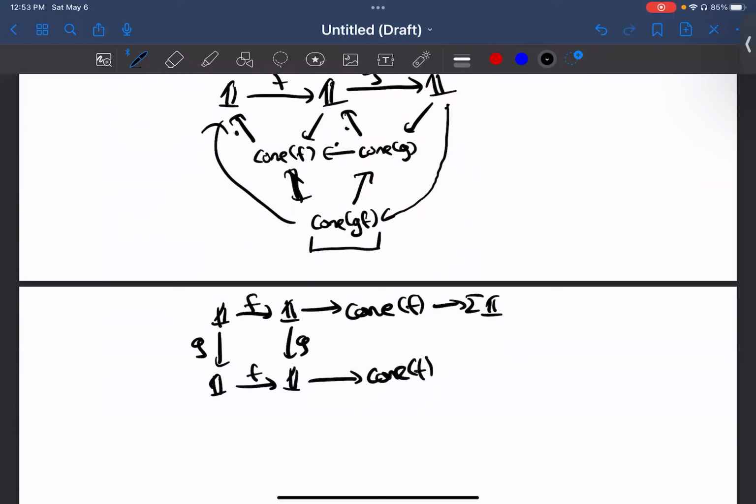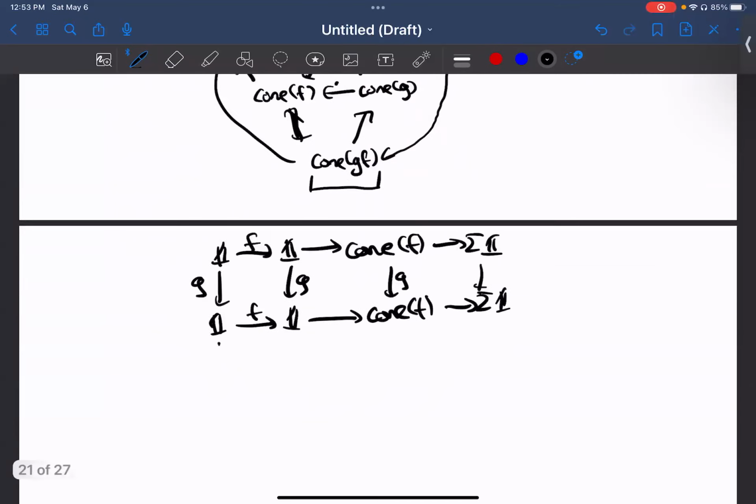Cone of f. Here I'm acting by g, going off to sigma 1. Here I'm going off to cone of g, and then off to sigma 1. Similarly here. And then here we're all acting by f.